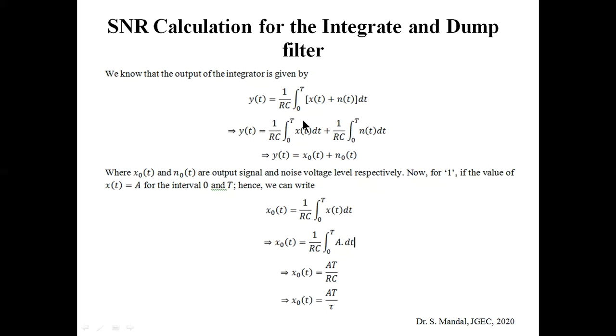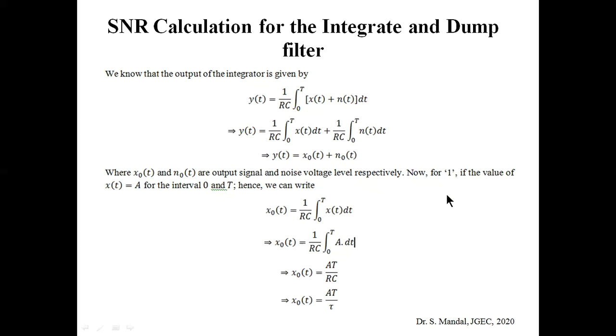Now we assume this first part is denoted by x naught t, and the second part is denoted by n naught t. That means x naught t is the output signal, which is given by 1 by RC integration from 0 to T of xt dt, whereas n naught t is the noise output signal, that is 1 by RC integration from 0 to T of nt dt.